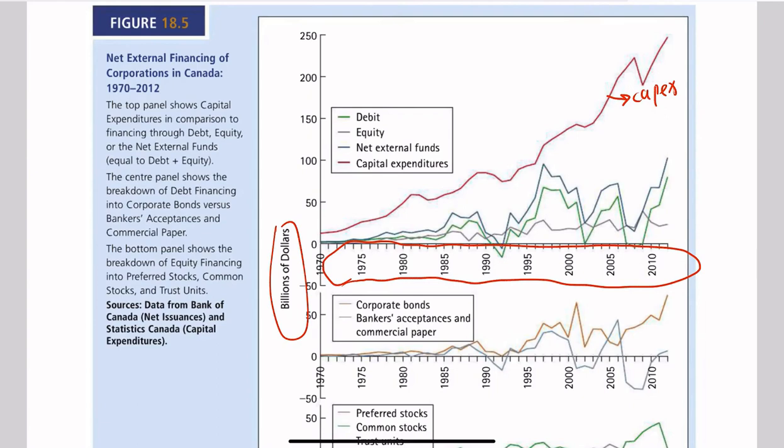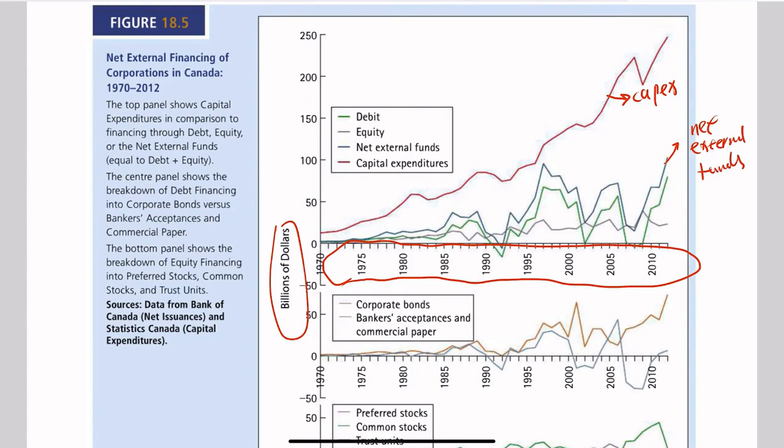So this measures firms' investment. And the second focus here is this blue curve. This is the net external funds.